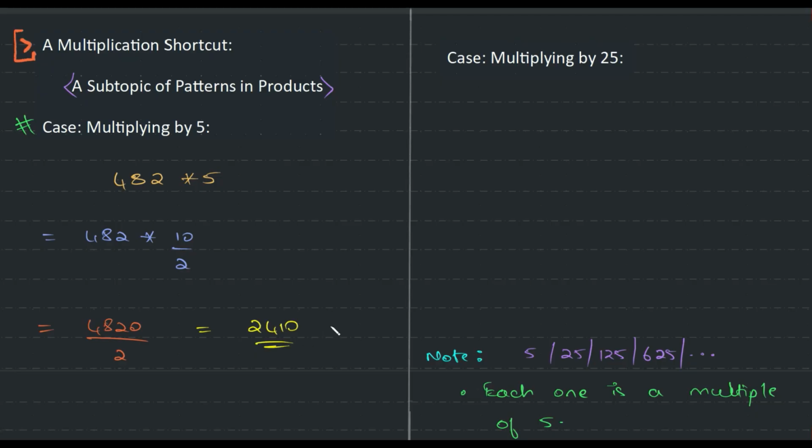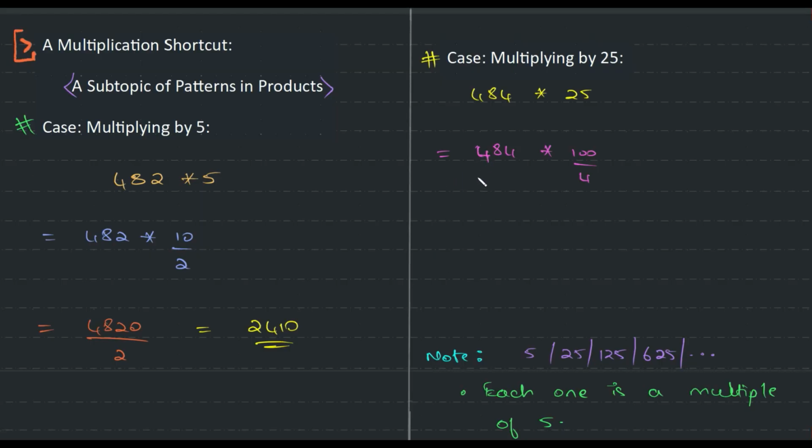Your argument might be, you know what, multiplying by 5 is not a big deal. I can still do it. I can just directly multiply rather than doing this. I agree. Let me show it with 4, 8, 4, say 484 into 25. I'll rewrite this as 484 into 100 by 4.